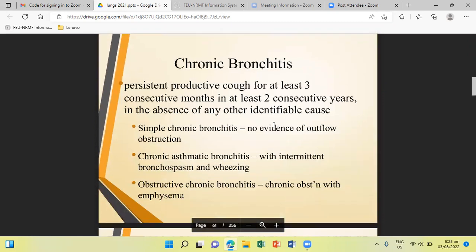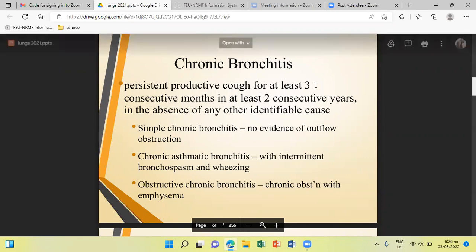The next on the list would be chronic bronchitis. So to diagnose chronic bronchitis, again, start with history taking. Usually, it is giving you a history of productive cough for at least 3 consecutive months in at least 2 consecutive years in the absence of any other identifiable cause.